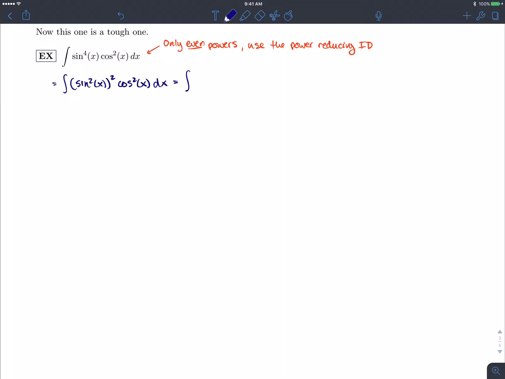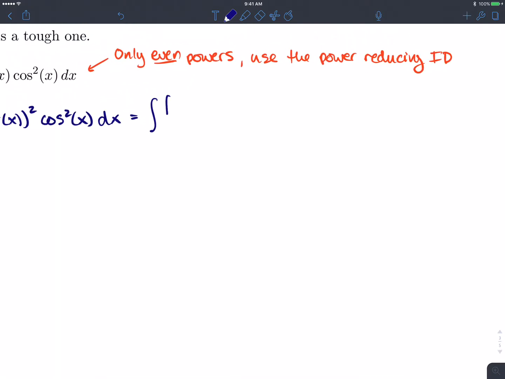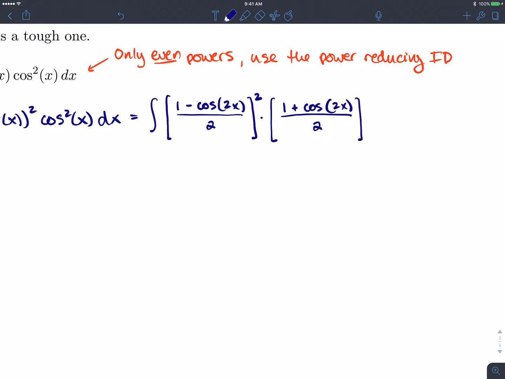And now, using the power reducing identities, we've got the integral of, for the sine function, 1 minus cosine of 2x over 2, quantity squared. And then for that cosine squared, it's 1 plus cosine of 2x over 2, and this is not squared because it's just cosine squared. We didn't have the squared, and then that's dx.